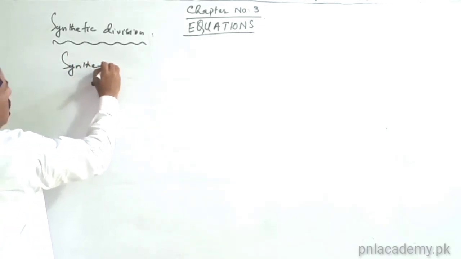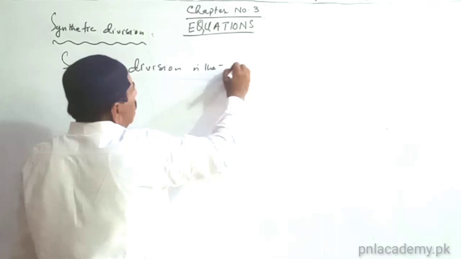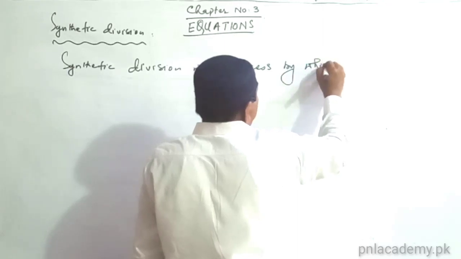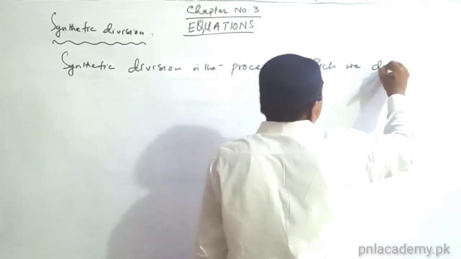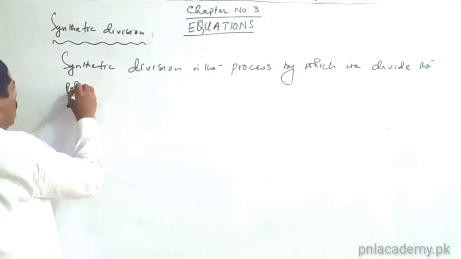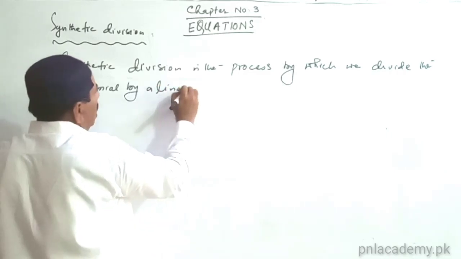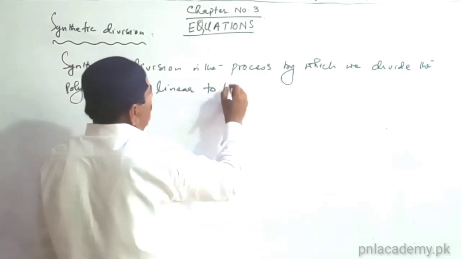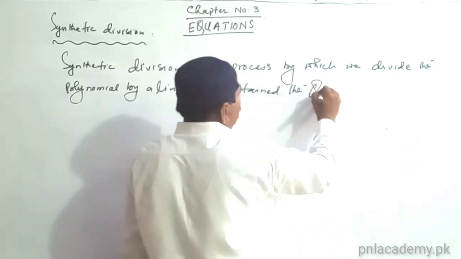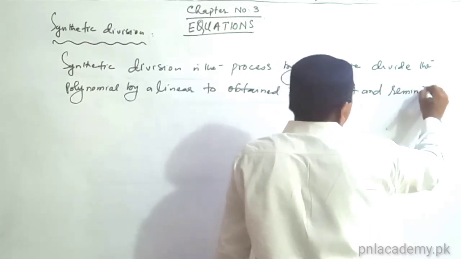synthetic division is the process by which we divide the polynomial by a linear to obtain the quotient and remainder.